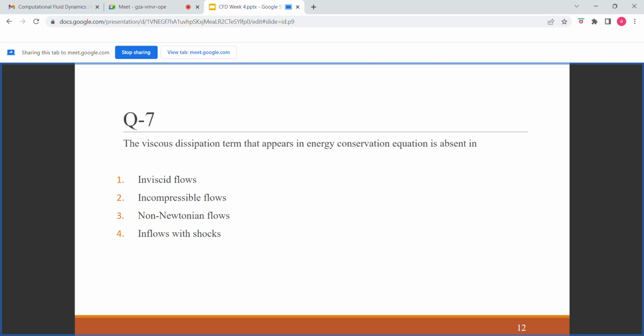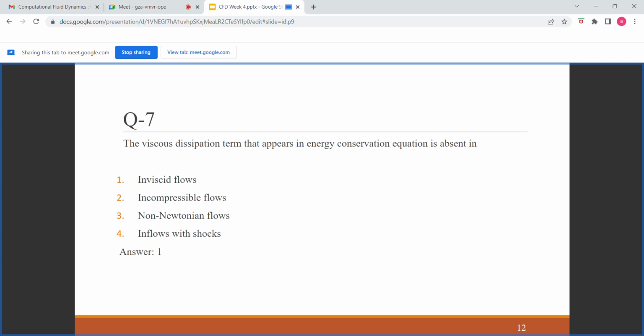And in flows with shocks, there would be a discontinuity in the flow field.